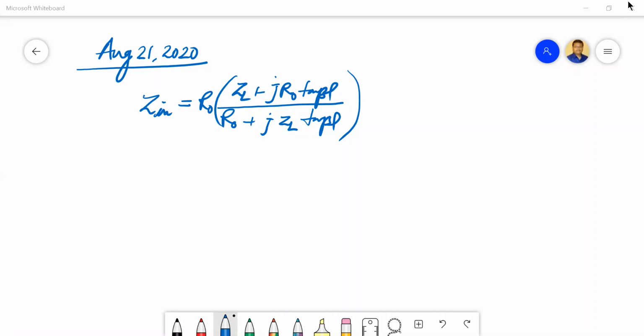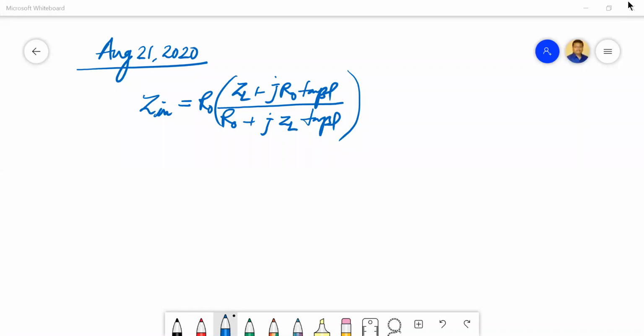And what we concluded is that different segments of the transmission line, or different electrical lengths, will contribute as a capacitor or inductor in a microwave circuit. Further, we also got the idea about the quarter wave section and half wave section.